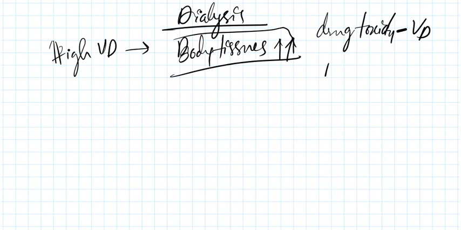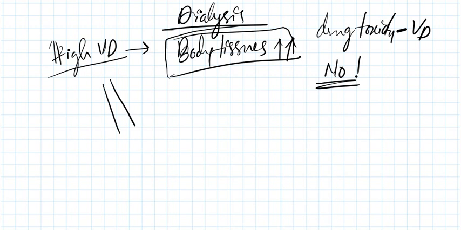No, hell no. Why? Because the drug has high volume of distribution, meaning the drug can easily be transported from the vascular component to the body tissues. So within a fraction of seconds or minutes, it is absorbed into the body tissues.